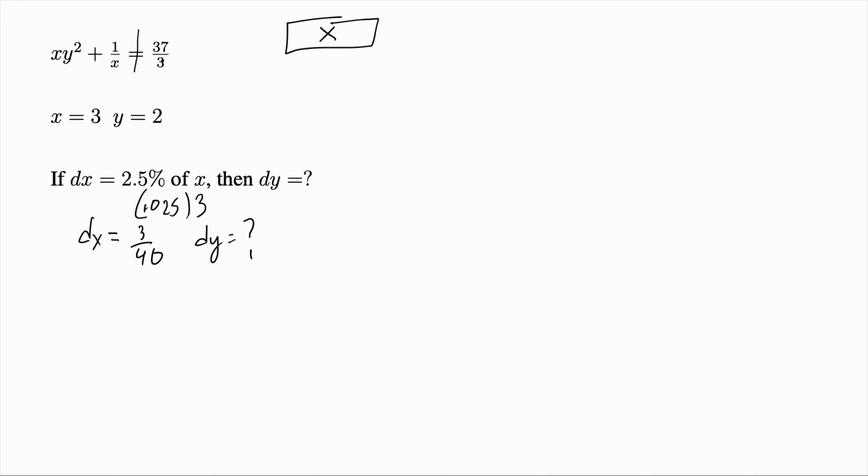That's nice. On this side, if the x's take the stage, then this y squared is a constant. It's just constant times x. Derivative of that part is just y squared. Plus this is x to the negative 1, using the power rule. So we'll have y squared minus x to the negative 2.